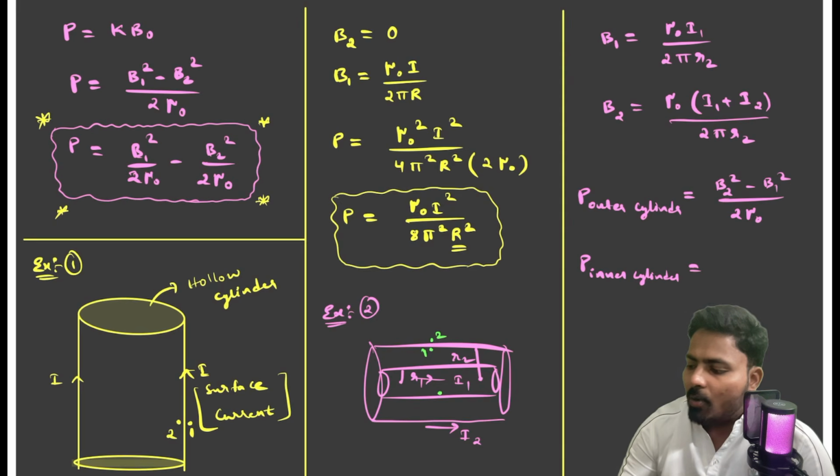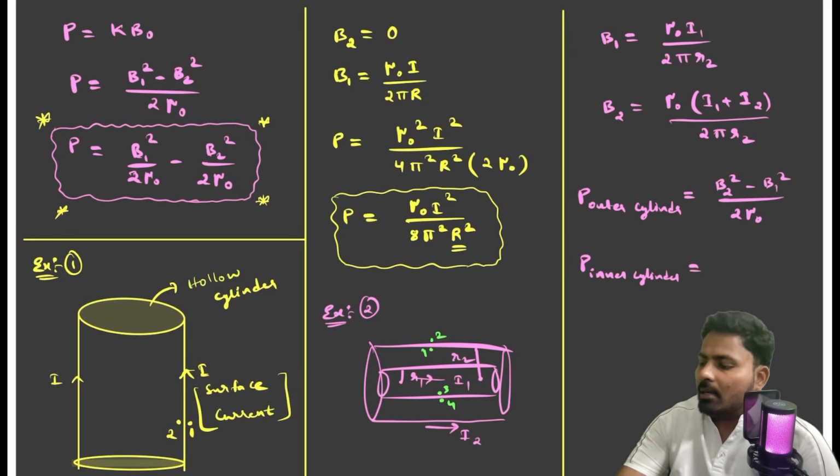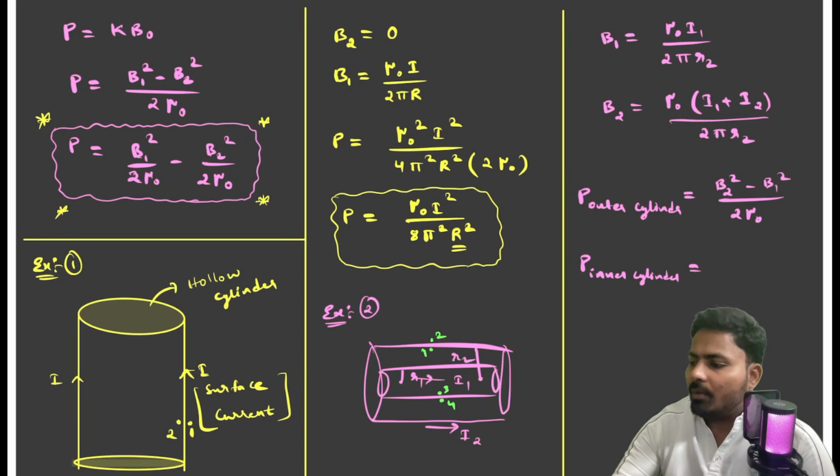Let us take this point as 3 and this point as 4. You can clearly see the magnetic field at 4 will be more, so the value can be written as B4 square minus B3 square by 2 mu naught.